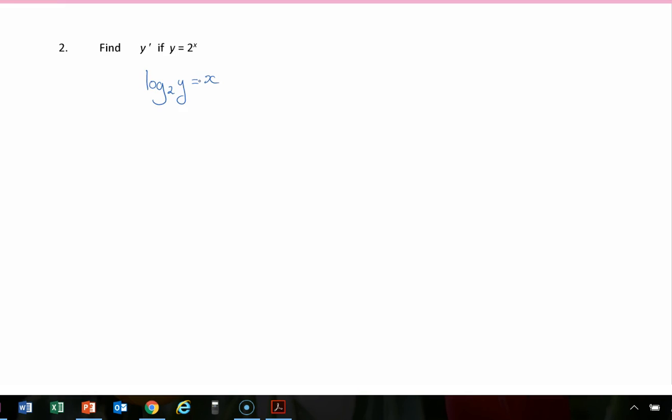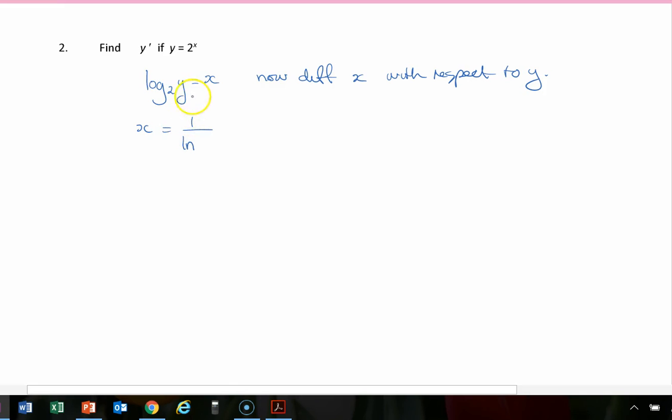We're going to now differentiate x with respect to y. But beforehand, we will need to write x using the change of base rule, which is 1 over log to base e of 2, which is a constant, times log of y.